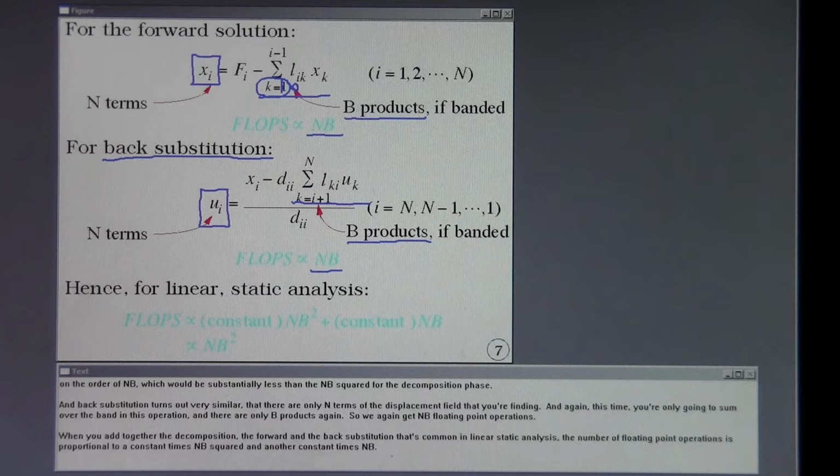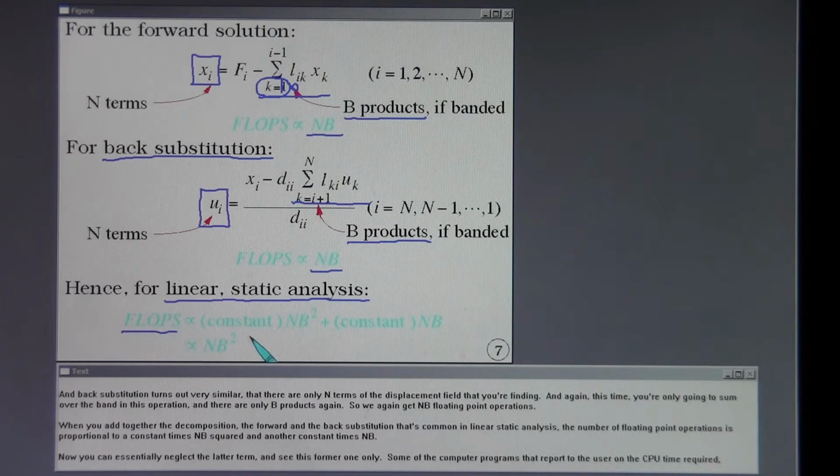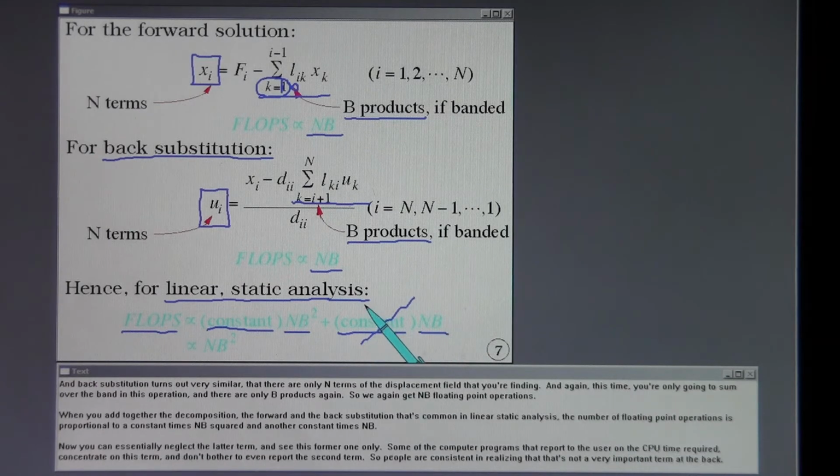When you add together the decomposition, the forward, and the back substitution, that's common in linear static analysis, the number of floating point operations is proportional to a constant times NB squared and another constant times NB. Now you can essentially neglect the latter term and see this former one only.